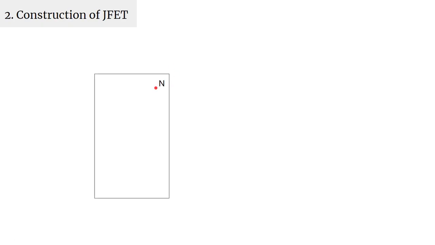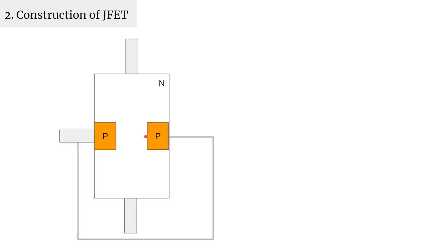The construction of JFET. Let's say we have a slab of N-type semiconductor material. We connect two terminals on its opposite sides, you can see, and then we do doping of P-type material inside the body of the N-type material, something like this. And we connect these two P-type layers with each other.